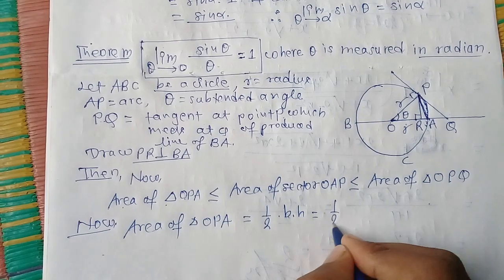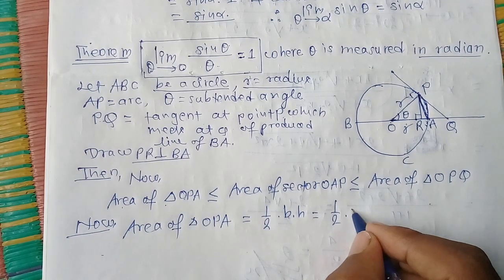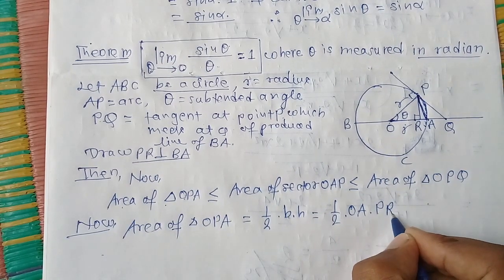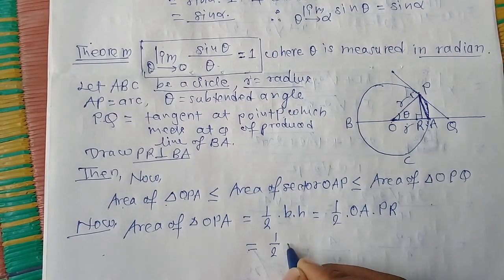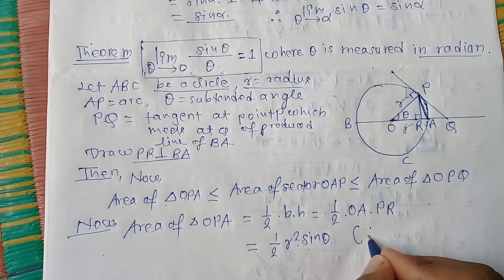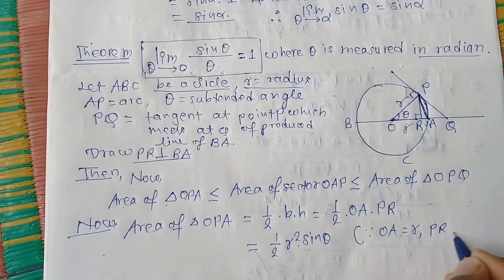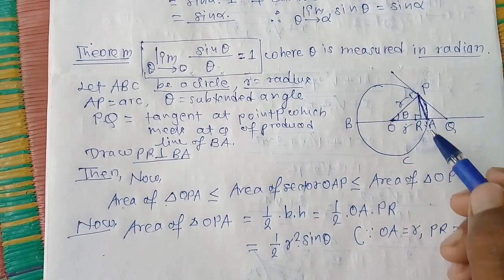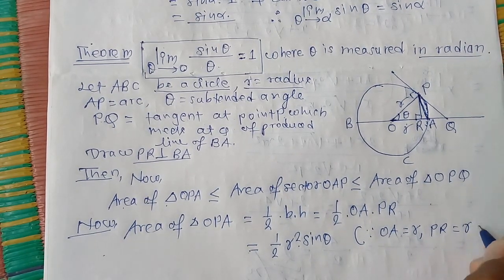So half b, भनेको के हो त, this is OA and this is h, that is PR. So that it will give half of r square sin theta. Here OA is r and this is theta and this is perpendicular, this is h and this is p, so sin theta is equal to p by h, that is p is equal to r sin theta.